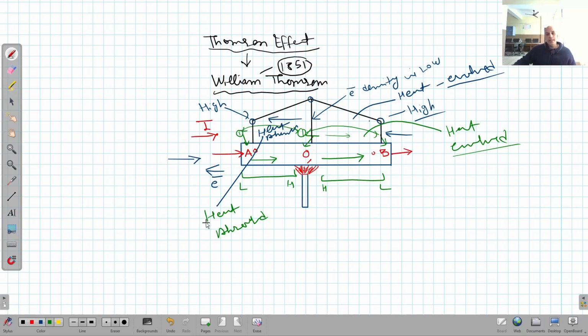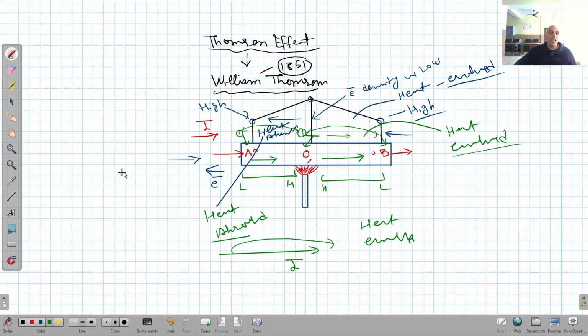So here in this case of copper, we can say that here heat is absorbed and here heat is evolved. It means the heat is getting transferred along the direction of flow of current. Heat is absorbed here and then it is evolved here. So heat energy is getting transferred along the direction of the flow of current.